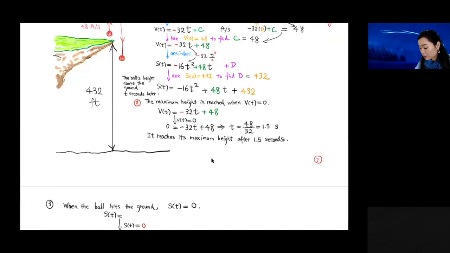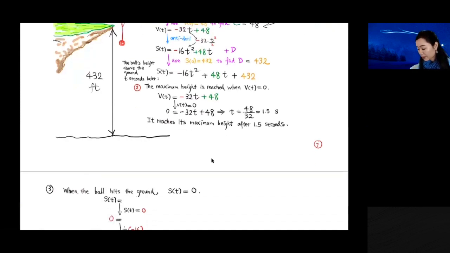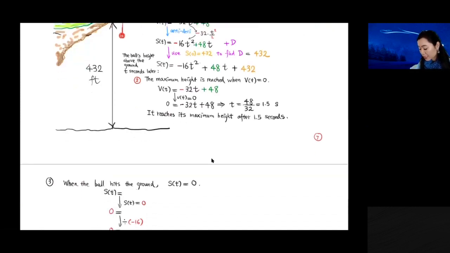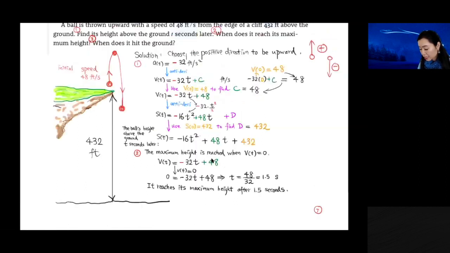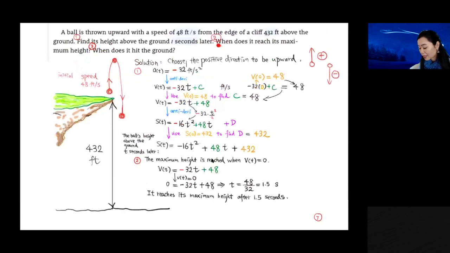When you simplify, that is 1.5. So 1.5 seconds later, the object is going to reach the maximum height. Did they ask about the height? Oh, they don't ask about the height. They ask about when. So we already answered the question: at 1.5 seconds, the ball reaches its maximum height.